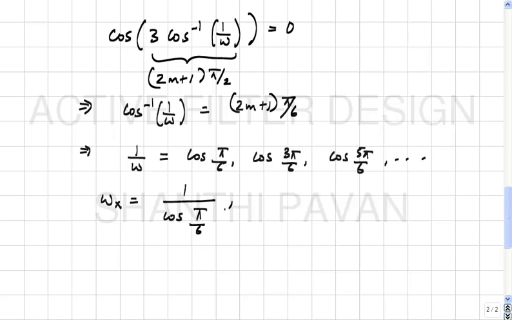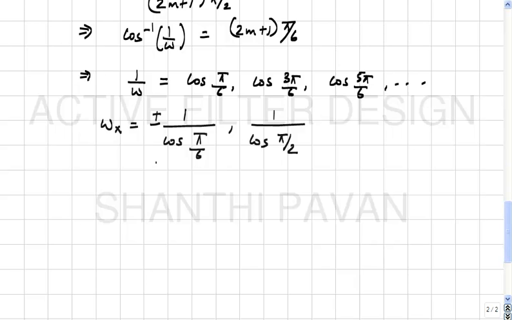And 1 by cos pi by 2, which is what? Infinity. So for the third order inverse Chebyshev, there are 2 finite zeros and 1 zero at infinity.